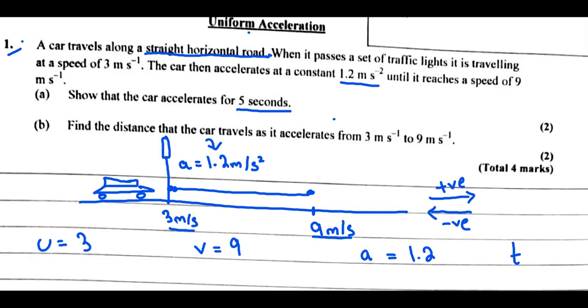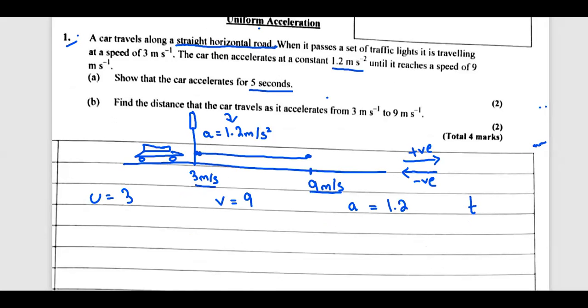So how are we going to find this time? We have the very first equation, that was v equals u plus a t. V is 9, u is 3, and then acceleration is 1.2, and I need to calculate the time. So I'll write it down as it is.